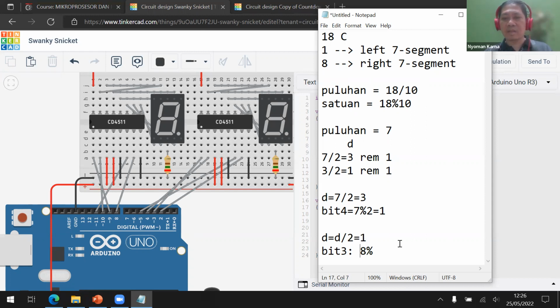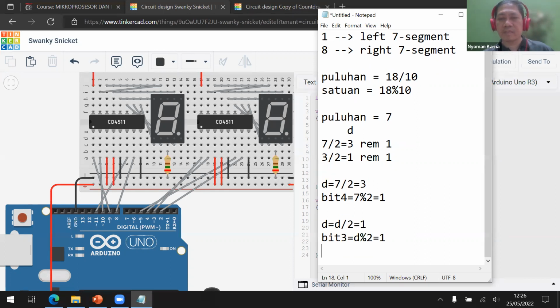Now bit 3 is D modulo 2. So we get 1. Etc.